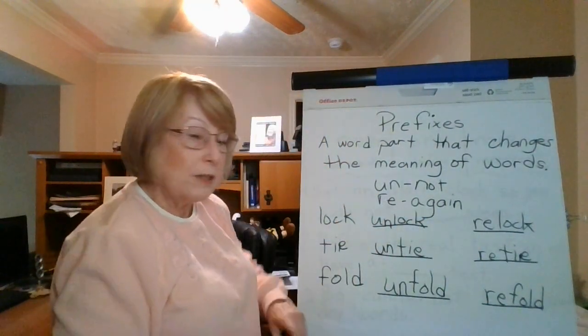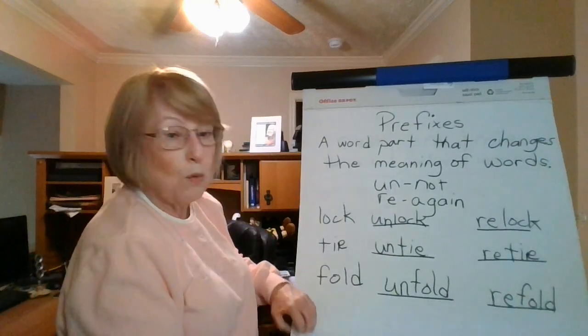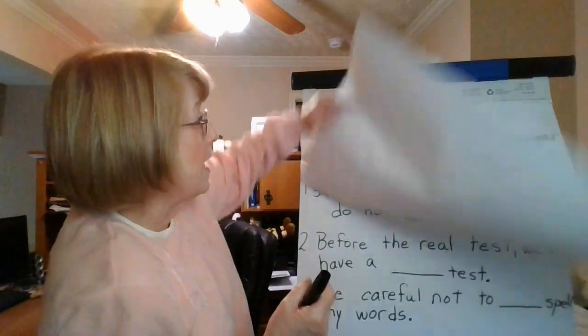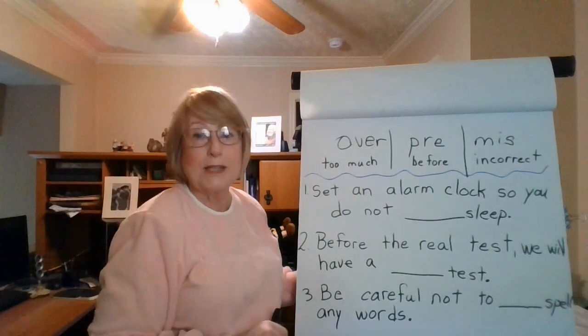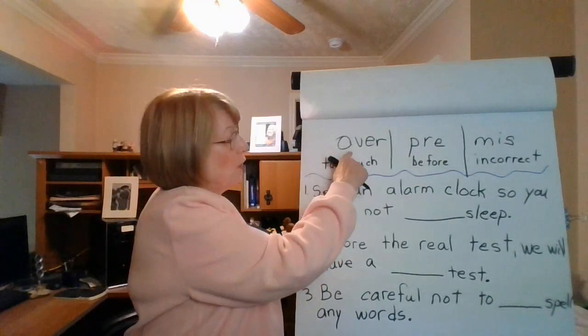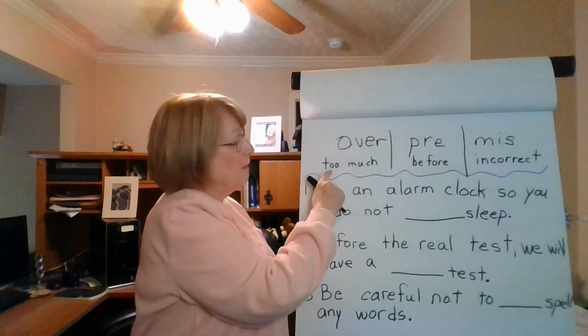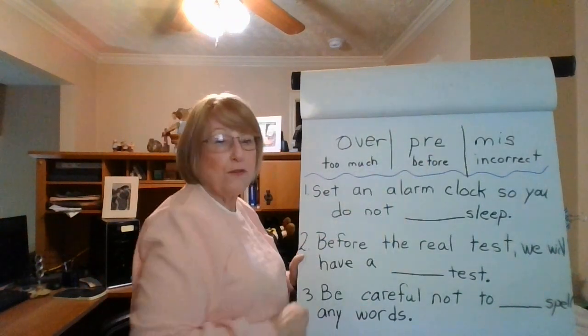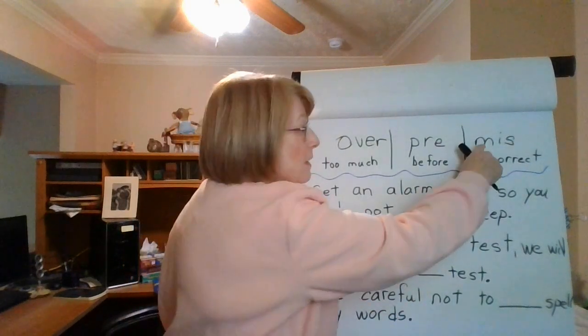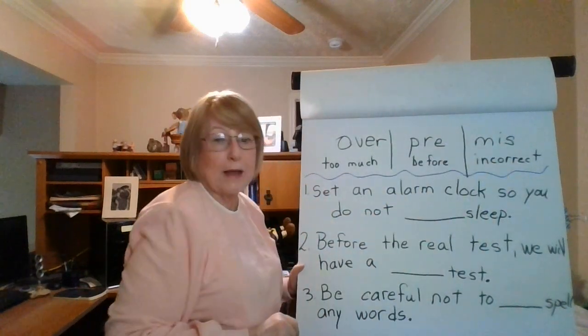Now, those were the ones that you had earlier in the week, so I'm going to go on to the ones for today. You've got the word over, and it means too much. Pre means before. Miss means incorrect.